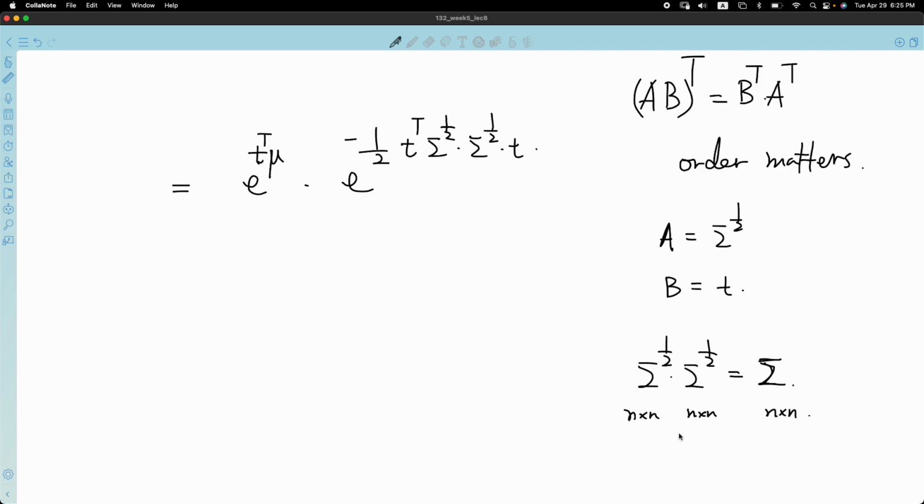You can think of the scalar version: a square root multiplied by a square root is equal to a. The square root is just the power of 1/2. Similarly, in the scalar version, a raised to the power of 1/2 multiplied by a raised to the power of 1/2 is a raised to the power of 1, which is just a itself. So back to our equation.